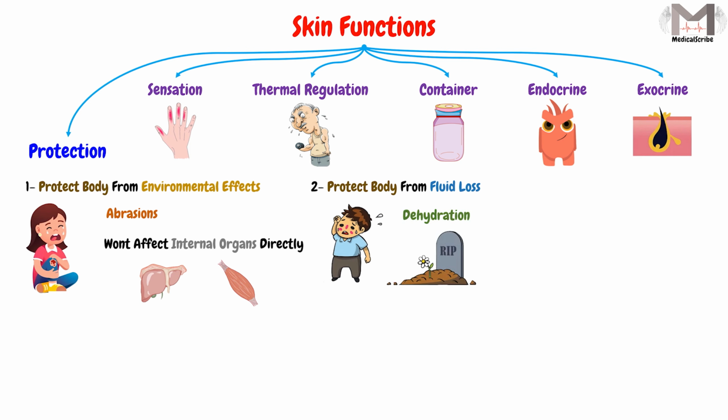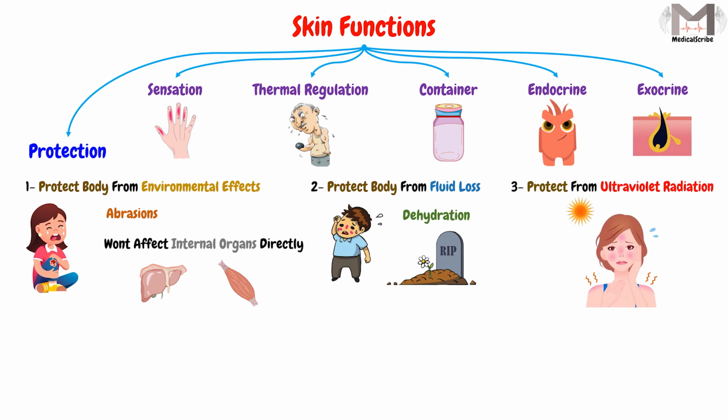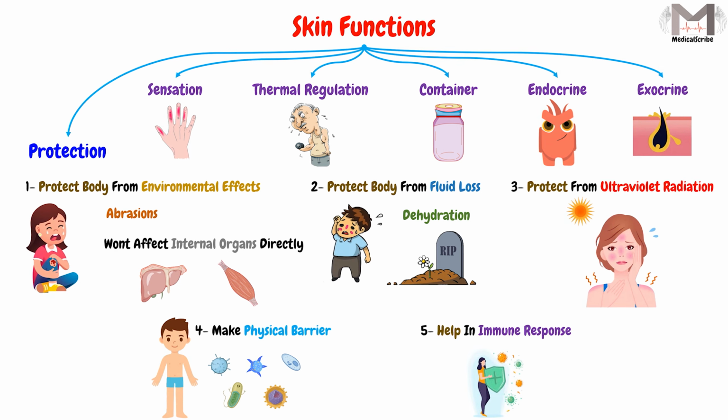Thirdly, the skin protects the body from ultraviolet radiation, and it also forms a physical barrier against invading microorganisms, so it won't let them enter the body. And finally, the skin helps in the immune response by a specific mechanism. That's regarding the protection, which is the first main function of the skin.